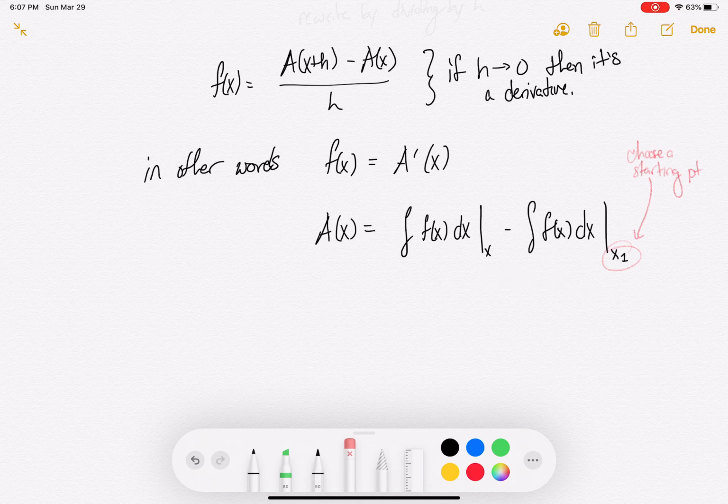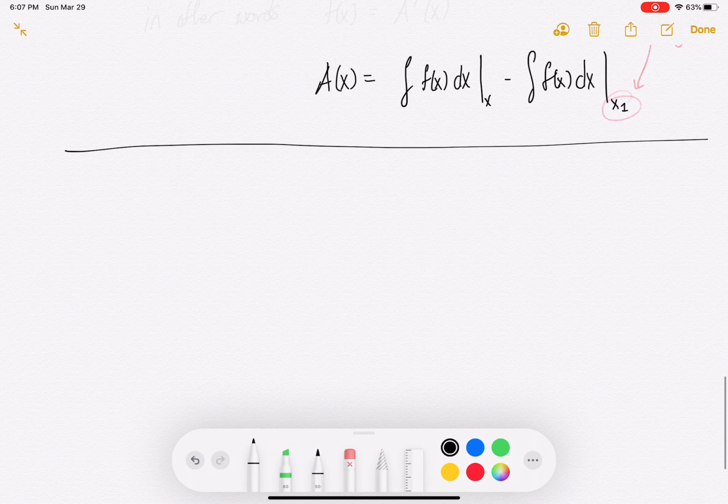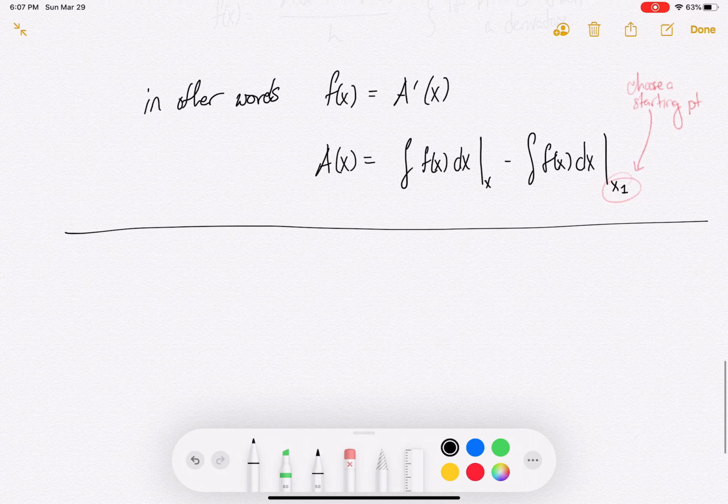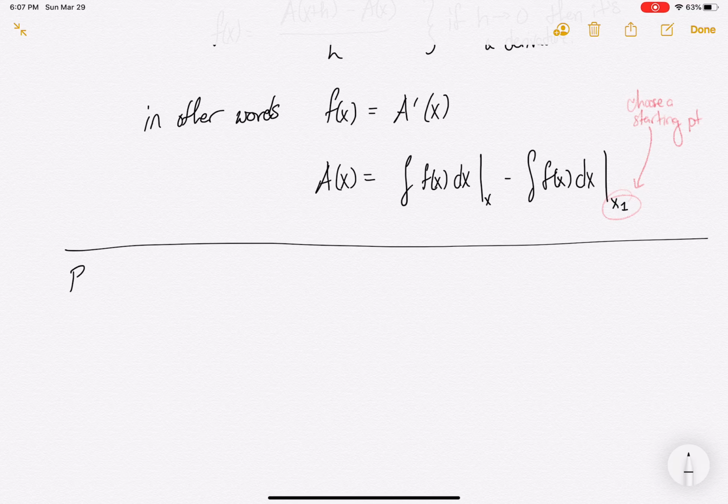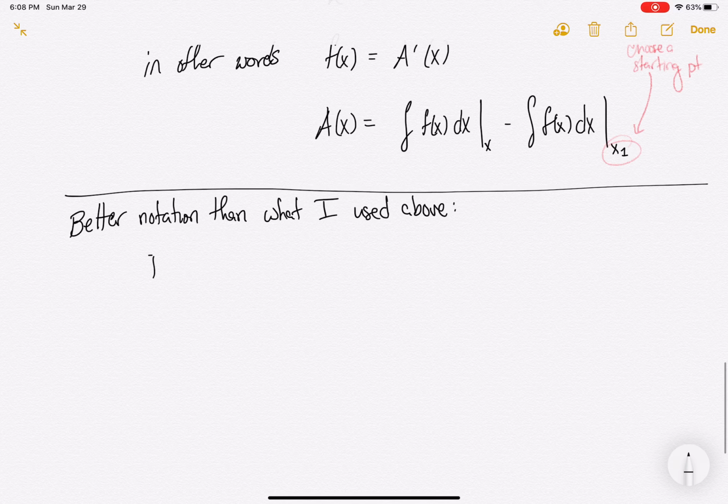Okay, so that's kind of the idea, but how do we actually use this? Well, we have a better notation than what I used above. So the better notation is called the definite integral.